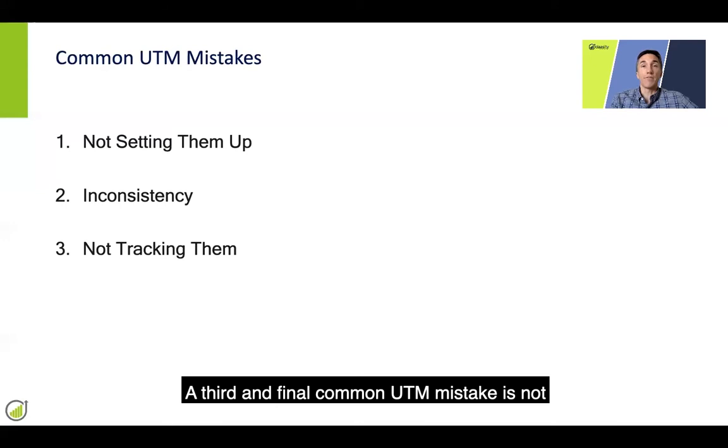The third and final common UTM mistake is not tracking your UTM parameters that you've set up. And what I mean by that is not keeping track of the ones that you've already set up, which can again lead to inconsistency.